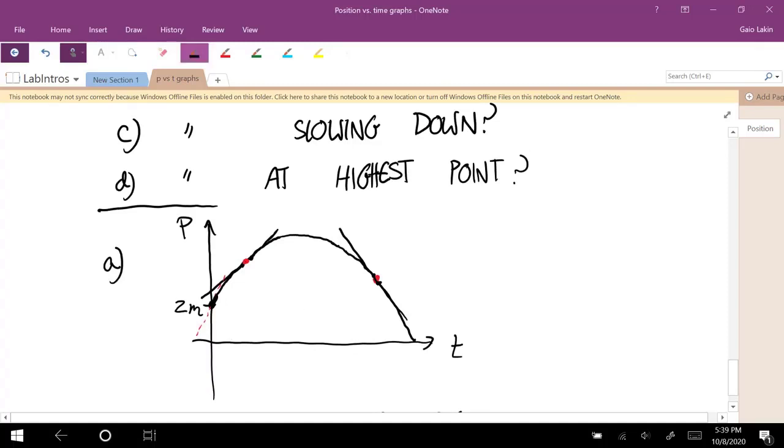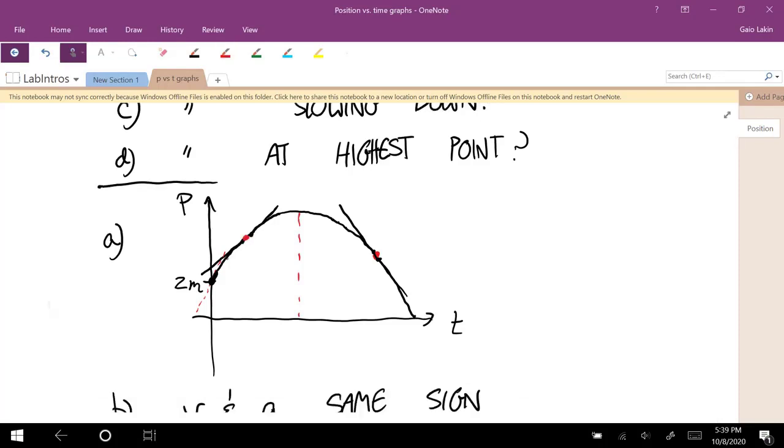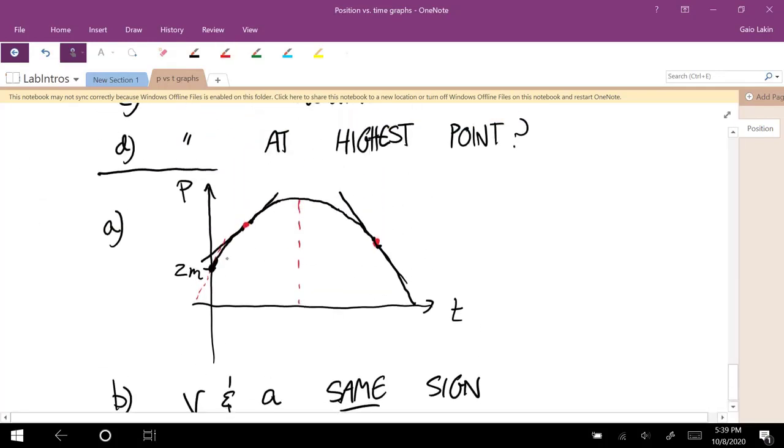Well, we already figured out that on the first half of this graph, up to this point here, every point has a positive velocity, and we can see that it's concave down everywhere, so we know it has a negative acceleration. And so in order for this to be speeding up, we need to find a place where the velocity is negative, so it's the same sign as that acceleration.